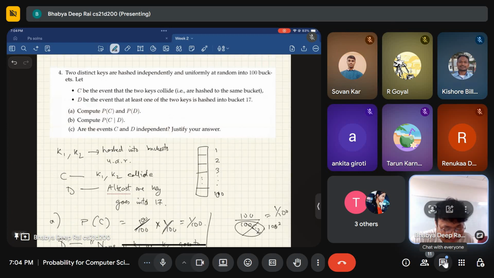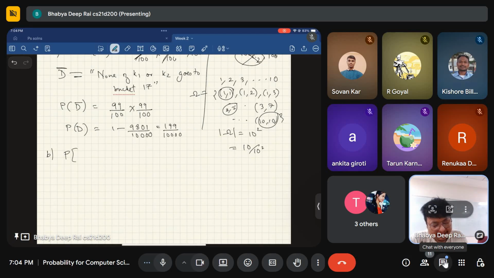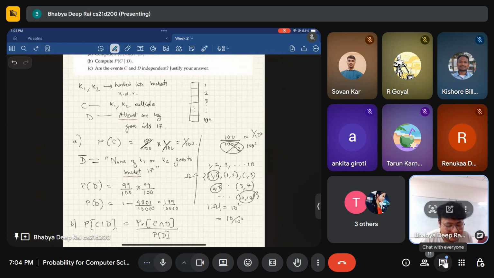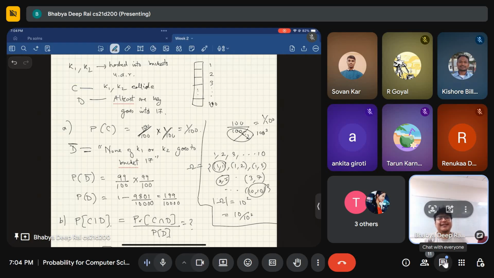So compute probability of C given D. The conditional probability formula is probability that C intersection D divided by probability of D. What does probability C intersection D represent?